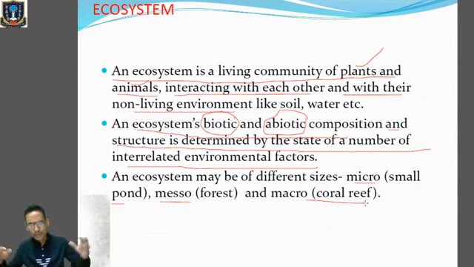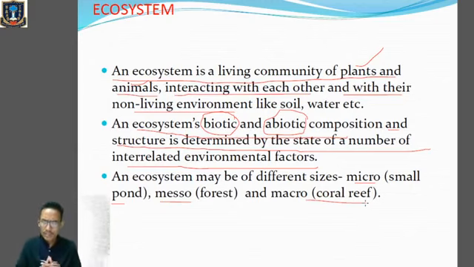So we have a huge variety of ecosystems of different sizes, and each ecosystem has its own characteristics, climatic conditions, and soils, and its own plant community and animal community. But due to the interference of human beings, there are very few ecosystems left untouched by man.